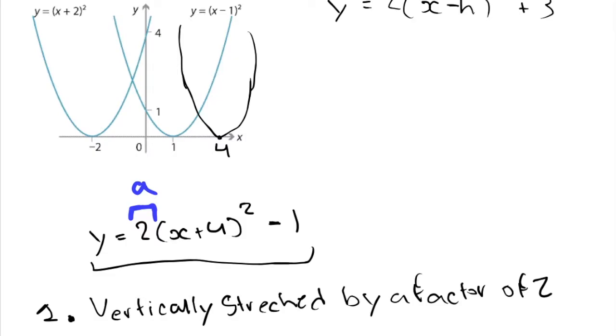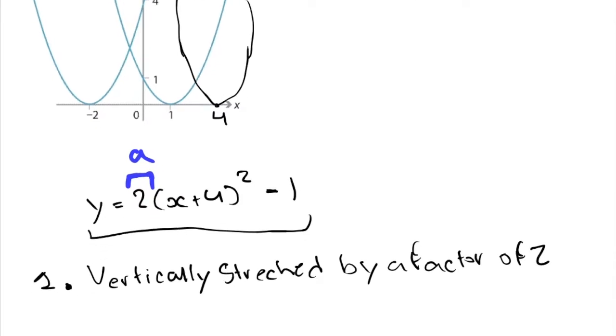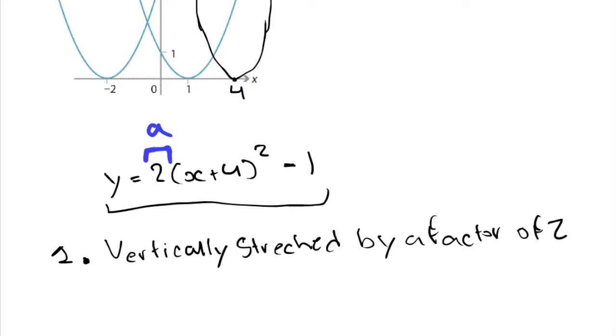What this basically means is it's asking if the a value made it so that the parabola was flipped upside down. And this usually happens when a is negative, but in this case a was not negative. So we have to write it was not reflected in the x-axis, right?